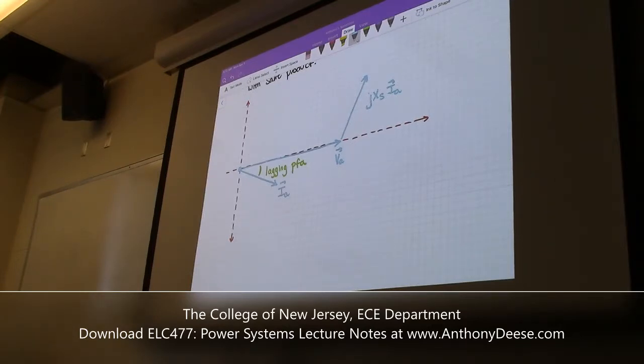And then for this case right here, our EAF, again just using the end-to-end method, will look like that. The other case is going to be in purple, where we have now our IA leading.